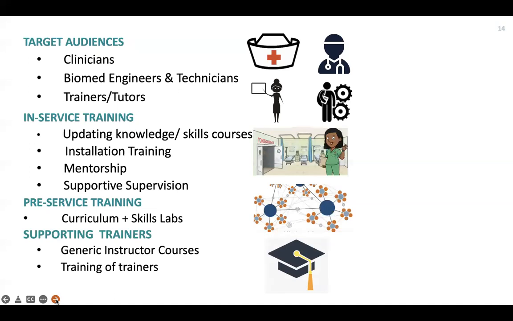we've got pre-service, and that's largely through looking at the curriculum, trying to provide skills labs so that they can actually practice what has been taught to them theoretically, and then trying to support the trainers so that they have the ability to really pass on this learning and this education that we're trying to do. Next.